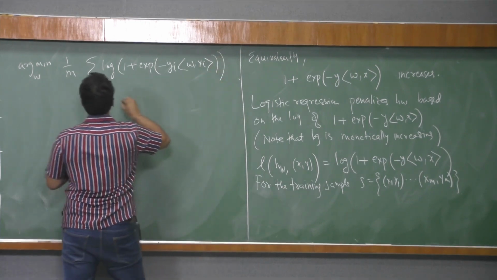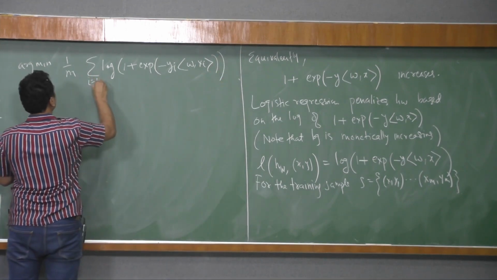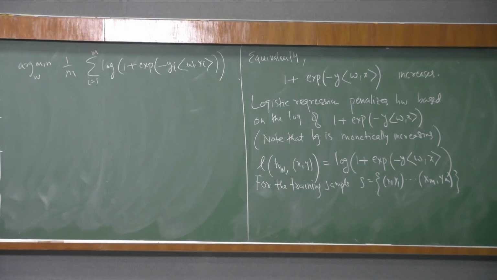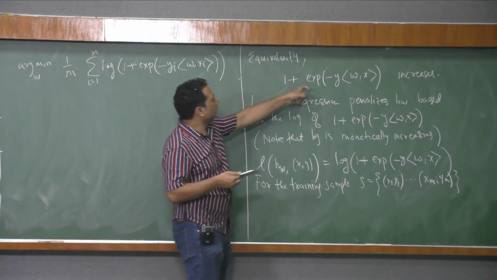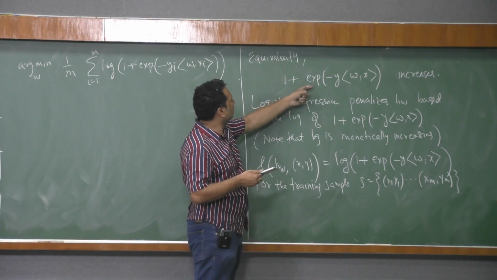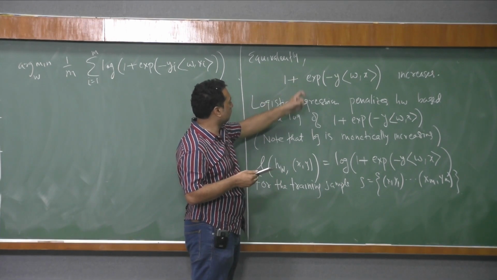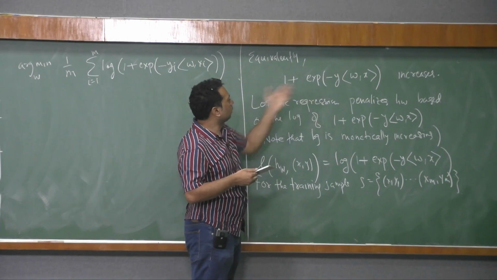Yeah, so this is i equals 1 to m. There is a mistake I have made, and I want to clarify. We are looking for a loss function, and the correct way to say it is that the loss function should be monotonic with this, not that it increases directly.